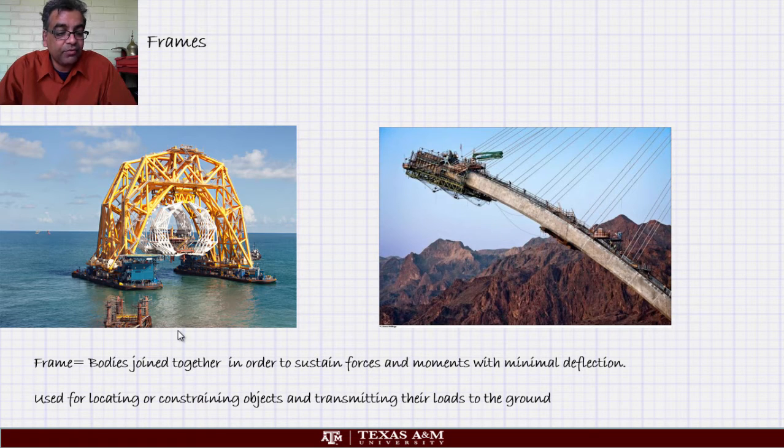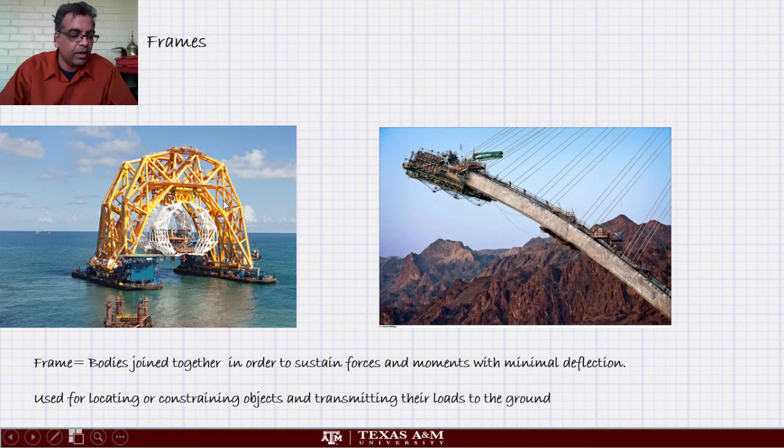These two are examples of frames, and a frame is bodies joined together in order to sustain forces and moments with minimal deflection. So in this particular case, this object is able to sustain the force of gravity onto this object, and it is able to do that with minimal deflection.